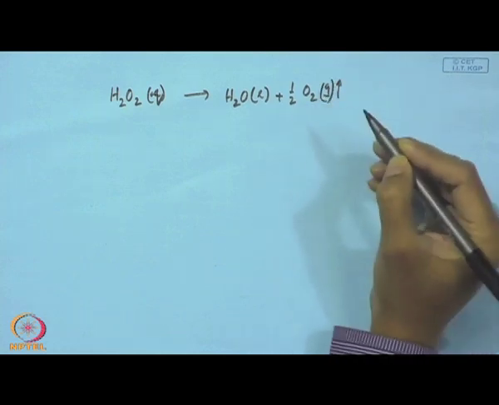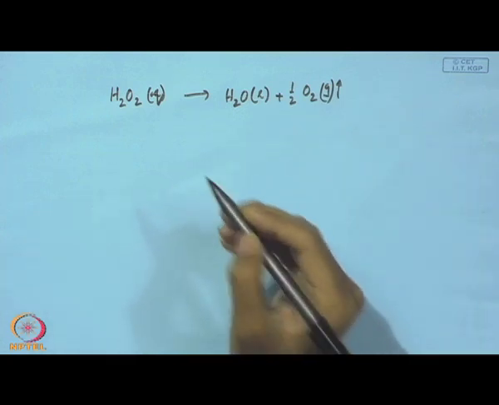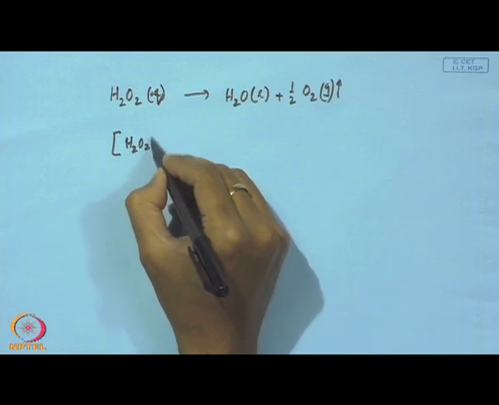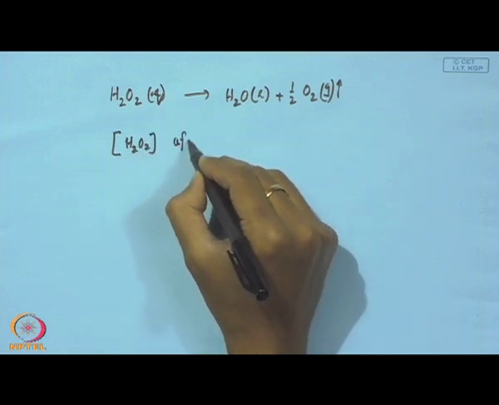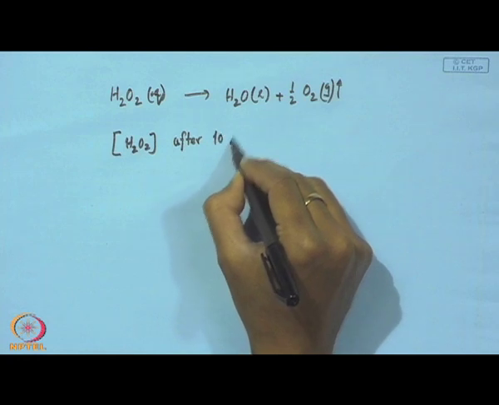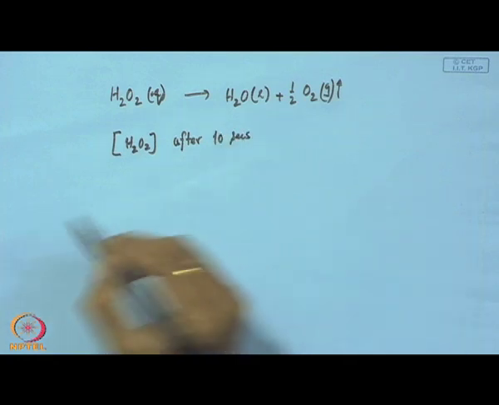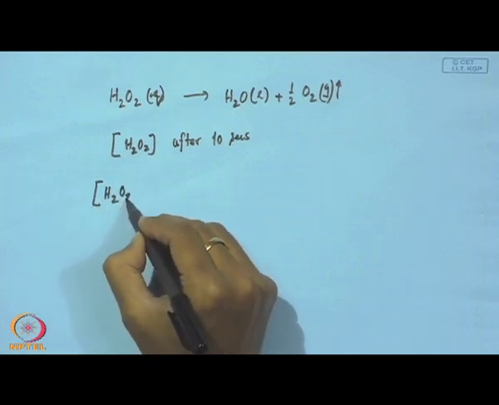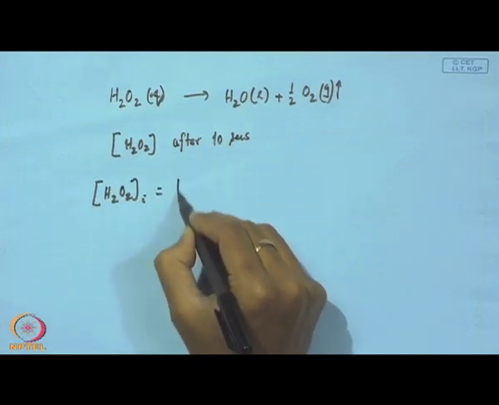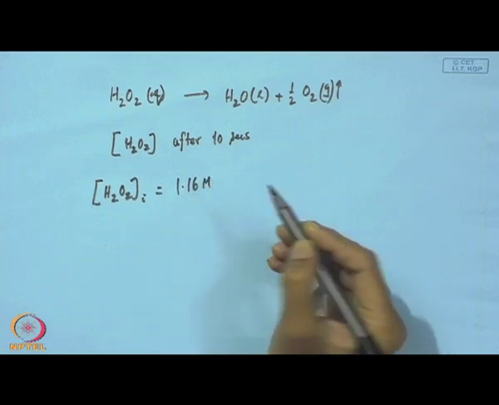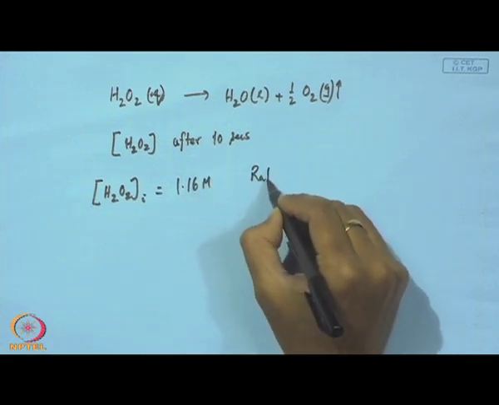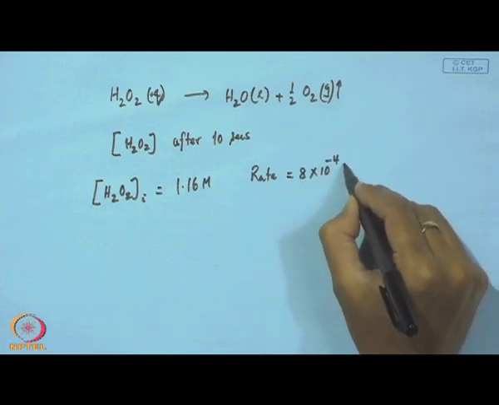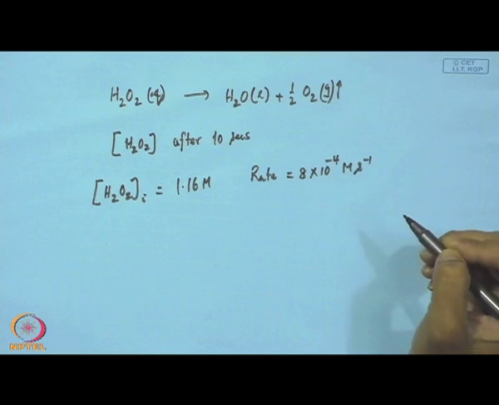We would like to find out the concentration of H2O2 after 10 seconds. Let us think the initial concentration is given to be say 1.16 molar, and also given that the rate is equal to 8 × 10^-4 mole second inverse.